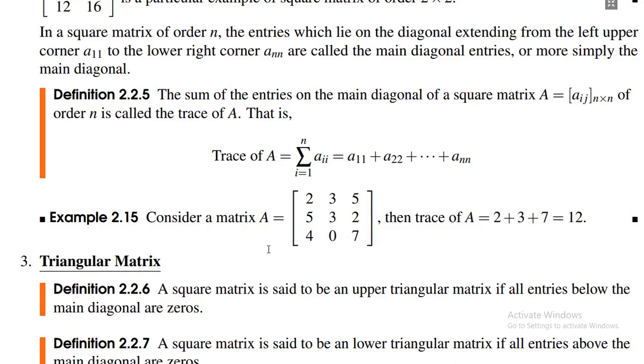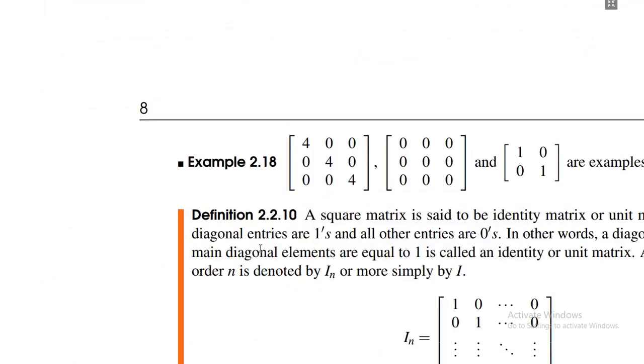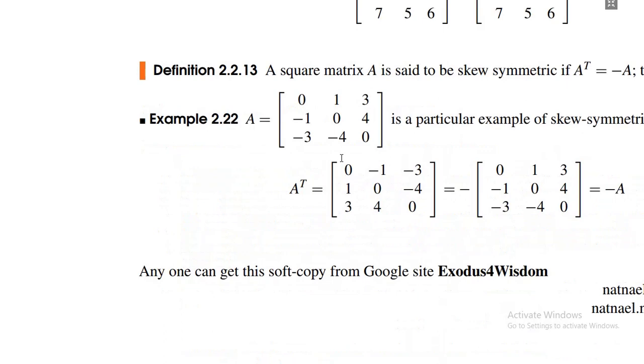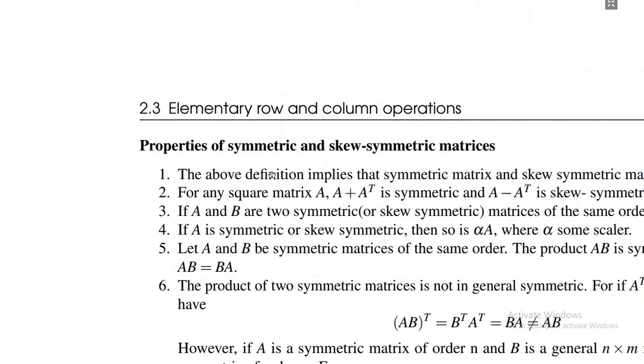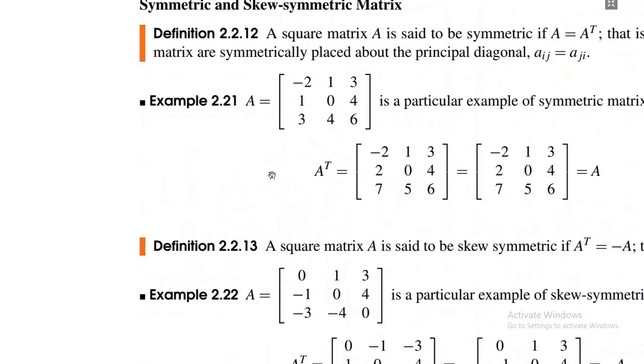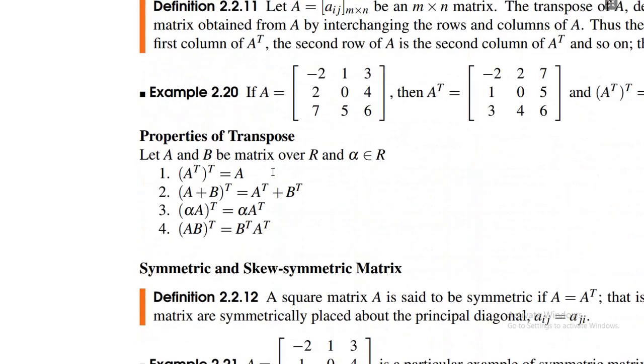Let us see another type of matrix, called a triangular matrix. Now, what is a triangular matrix? There are different types of triangular matrix.